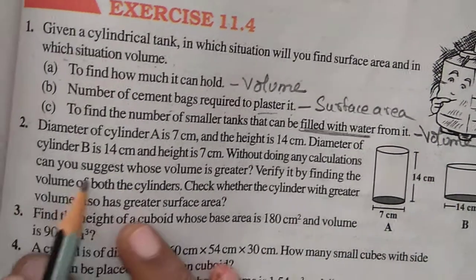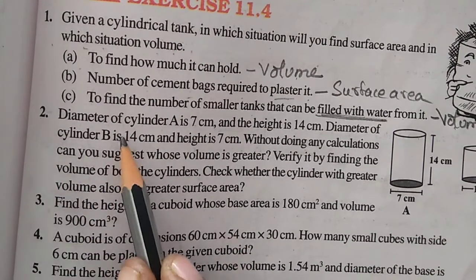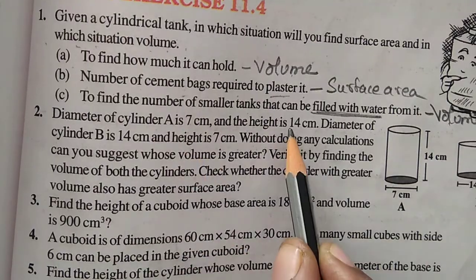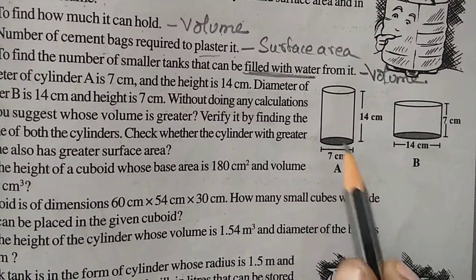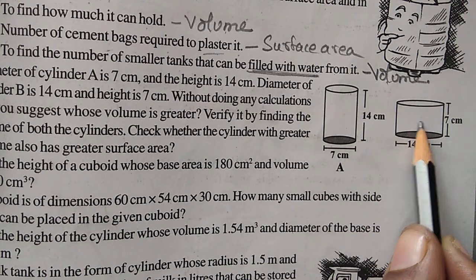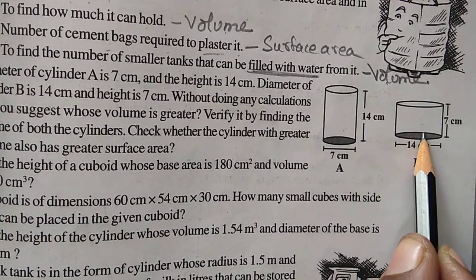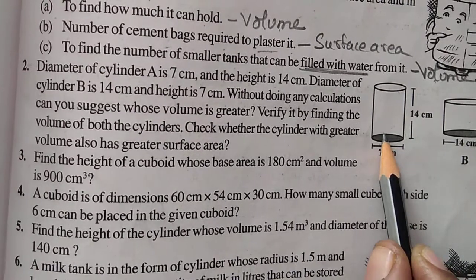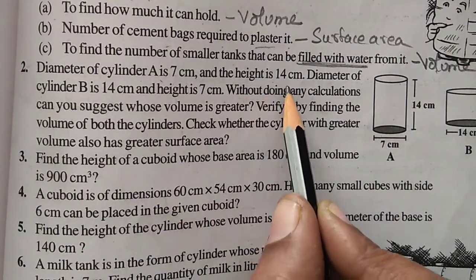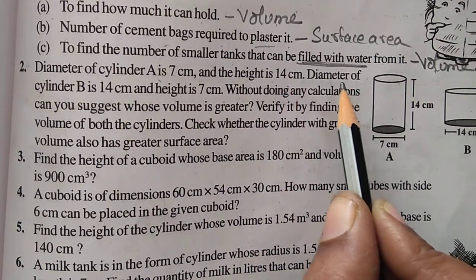Now let us move on to the second question. Diameter of cylinder A is 7 cm and height is 14 cm. You can see at the side of the second sum, you have two diagrams, two cylinders A and B. Diameter of cylinder A is 7 cm and the height is 14 cm.